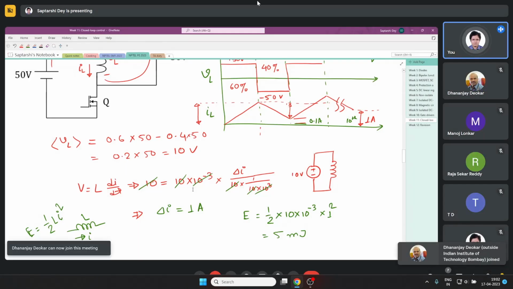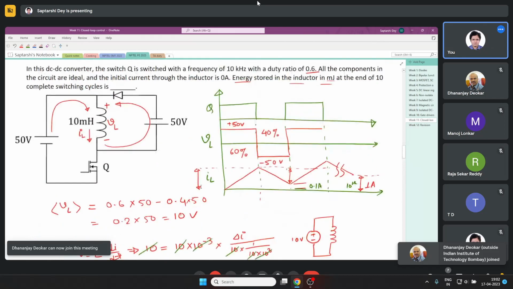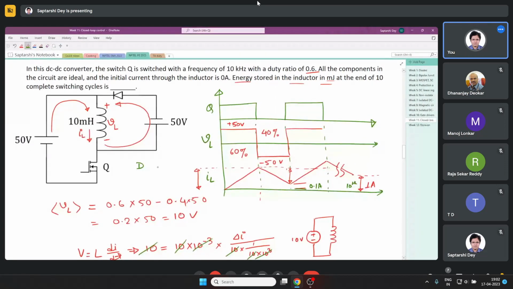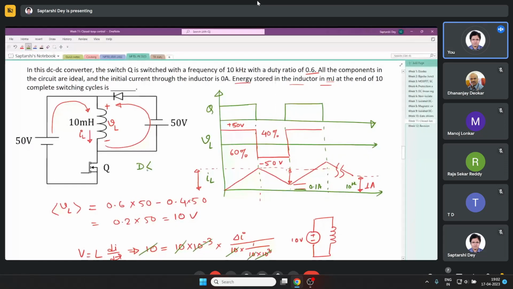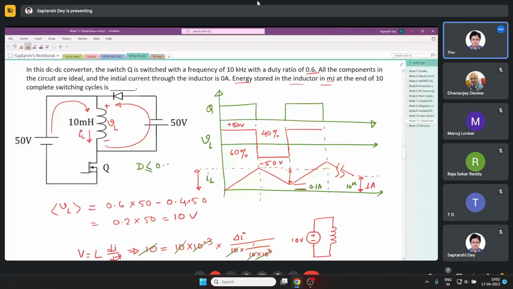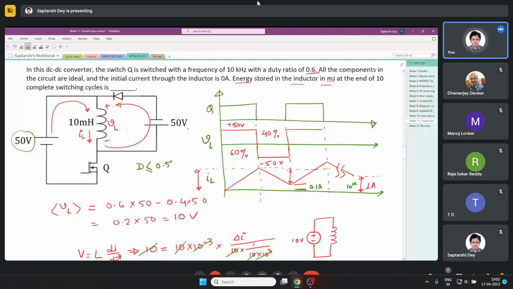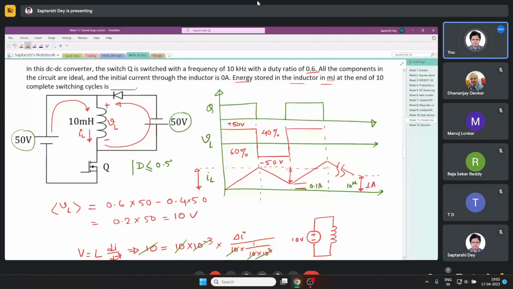Now in this circuit, if I keep D less than or equal to 0.5, since this is 50 volt and this is also 50 volt, then the circuit will always operate at steady state.